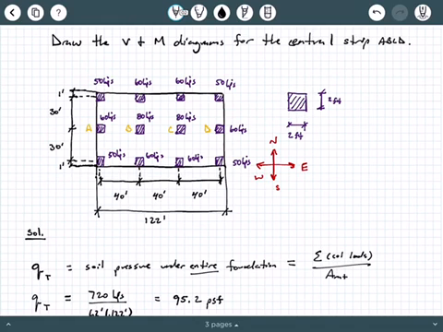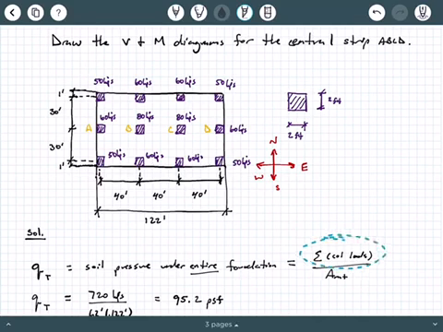Okay, so I've already written out parts of this solution ahead of time. Some of it I'm just going to talk you through, and other parts I'll show some calculations in the video. The first thing you want to do is calculate the soil pressure under the entire foundation. This is kind of like an average.